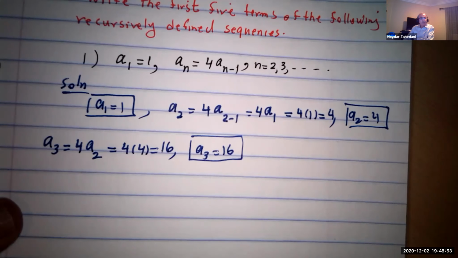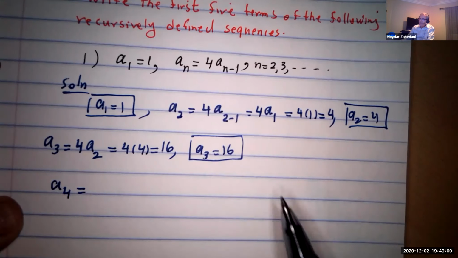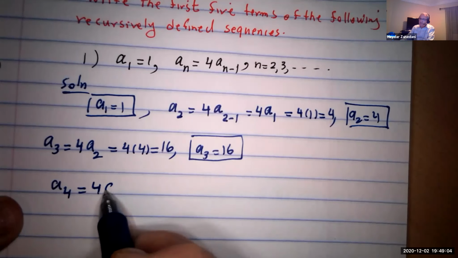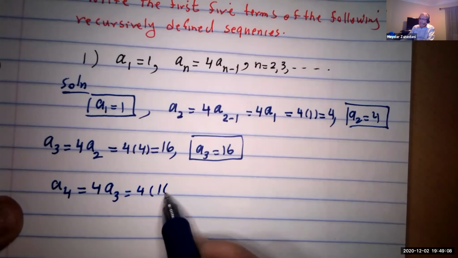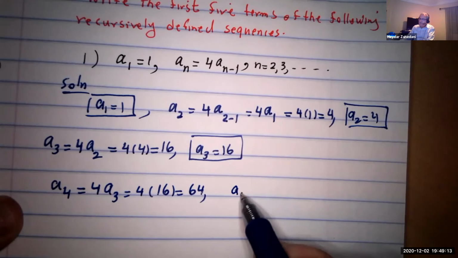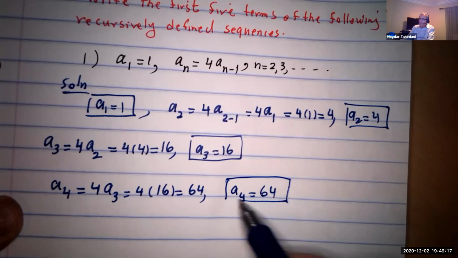And then we continue. We want to find a4. A4 is 4 times the previous term. It's going to be 4 times a3, so 4 times 16, which is 64. So a4 is equal to 64.